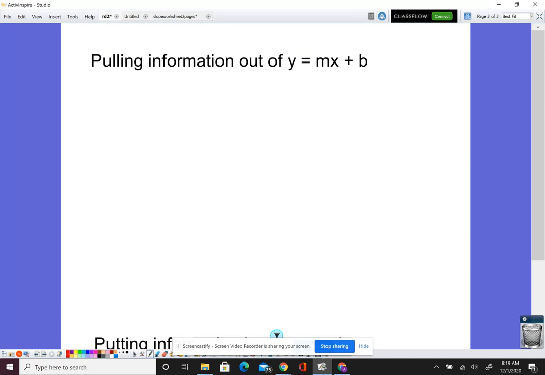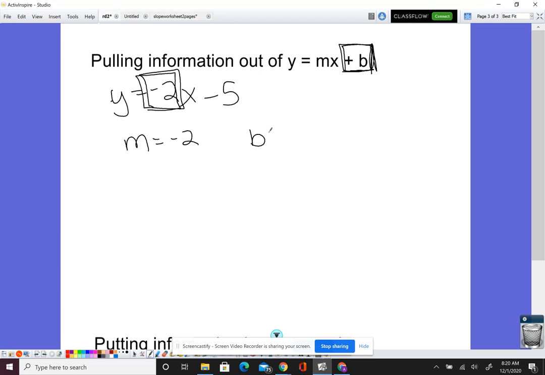If you're given the equation, we already kind of looked at this one, 2x plus 5 or minus 5, pulling the information out of that form, this is your y-intercept. That's what we're concentrating on today, but you can also pull out the slope from what you did yesterday. So the slope is -2, the y-intercept is -5. So you can get both of those out of there.